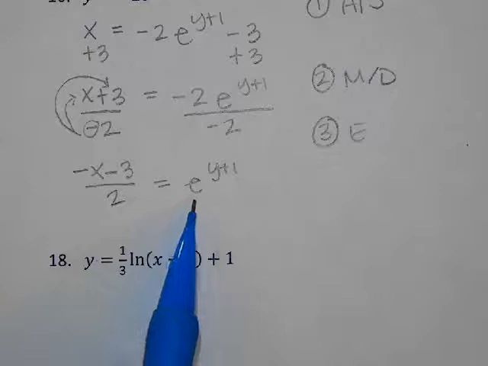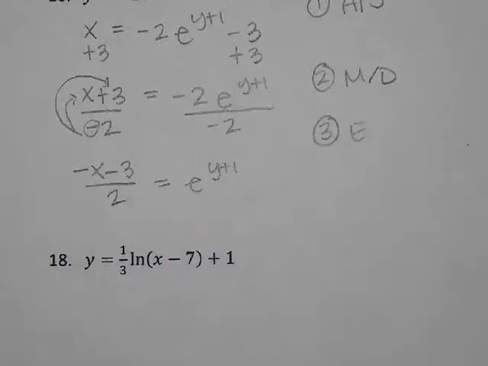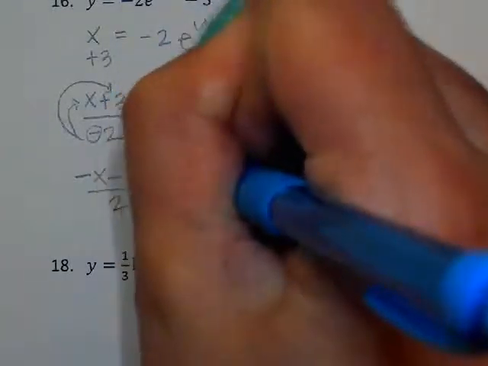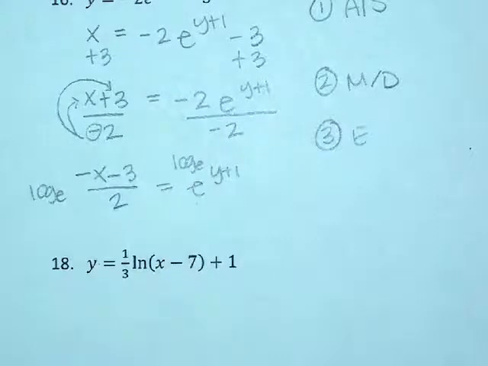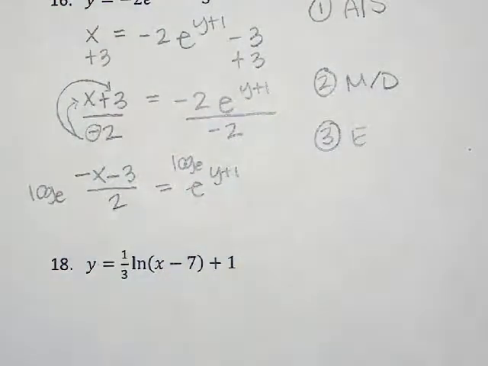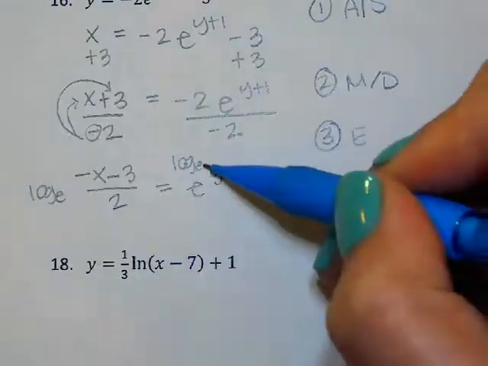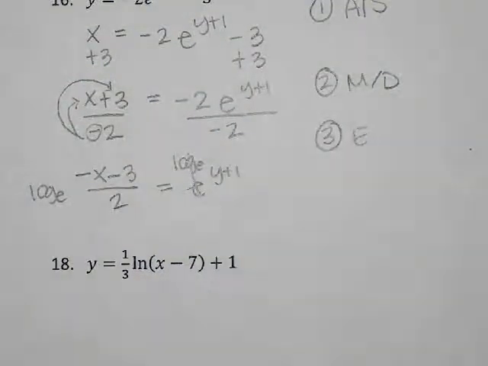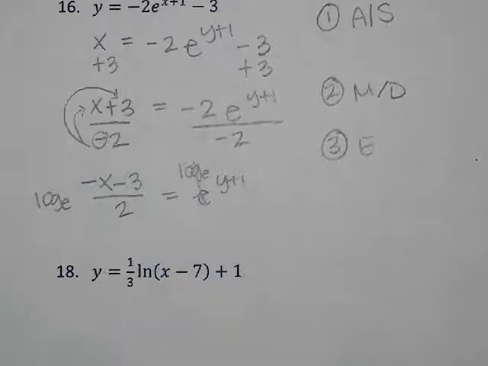Yeah. So to get rid of the e, we are going to log base e each side. Does that make sense? I'm going to log base e the right side, and I'm going to log base e the left side. And when I log base e an e, it goes away. Now, what is a log base e actually?